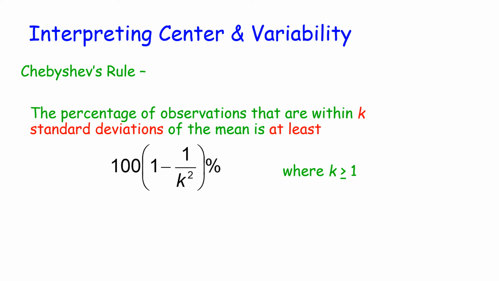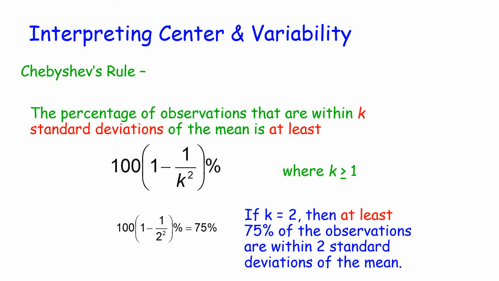Chebyshev's Rule is the percentage of observations that are within k standard deviations of the mean. It's saying that it's at least 100 times 1 minus 1 over k squared percent, where k is greater than or equal to 1. So if k equals 2, then at least 75% of the observations are within 2 standard deviations of the mean.